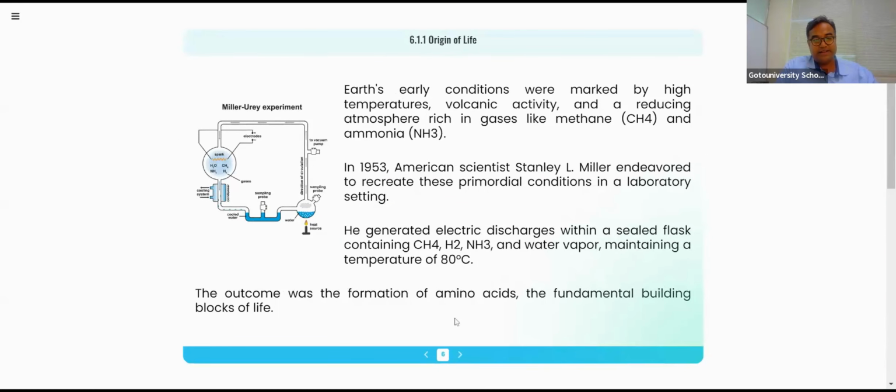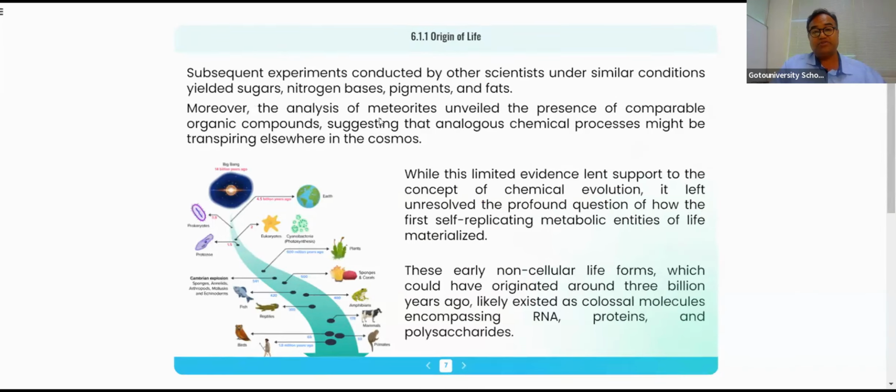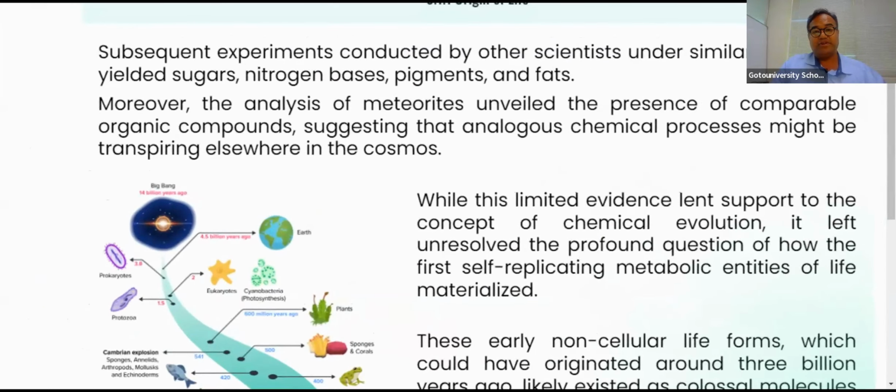Now we need to understand the next basic important information in the case of origin of life. In the case of origin of life, we all know very well the basic components are very, very important to make everything, right? If you're talking about sugars, nitrogen bases, pigments, fats, all are very, very important for making the complex molecules.